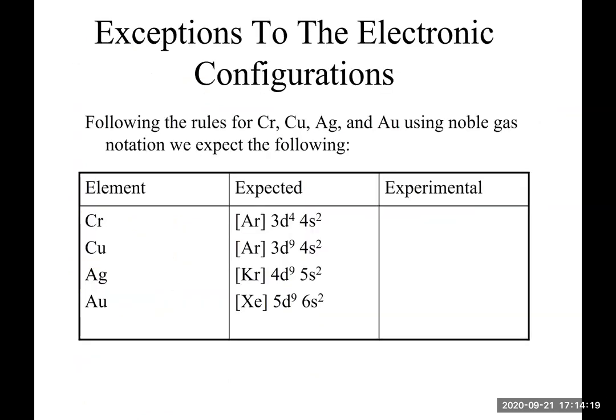Now, there are exceptions to electron configurations that go beyond the Aufbau principle and go beyond the periodic table. When we look at these particular exceptions, we look at chromium, which is atomic number 24, at the top of a group, column, or family in the transition elements.